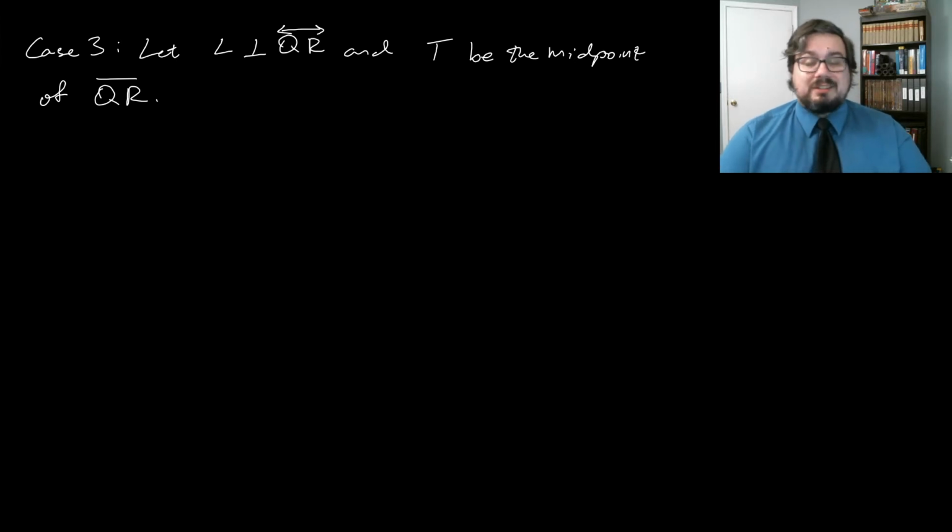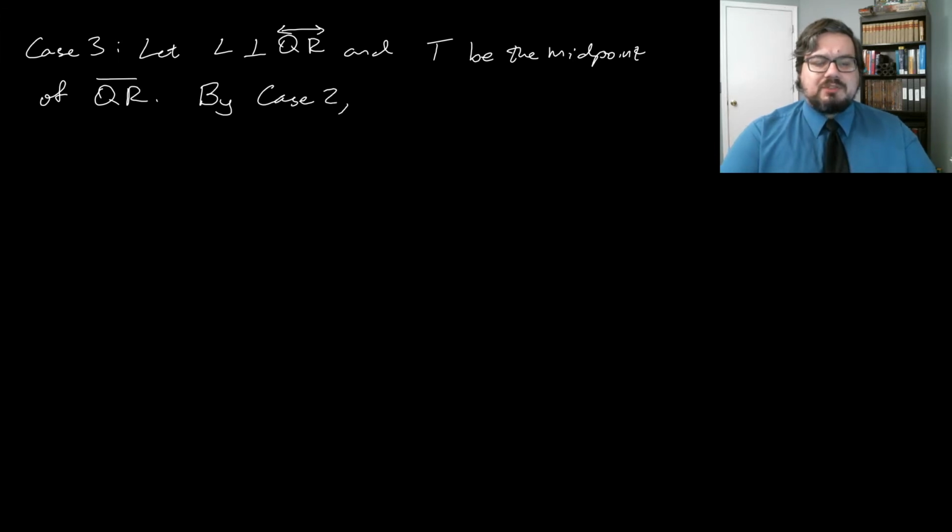And so here we're trying to show that the center P of the circle lies on L. Now, let's use case 2. By case 2, let's look at the line PT. The line PT contains P, obviously, and goes through the midpoint of the segment QR.